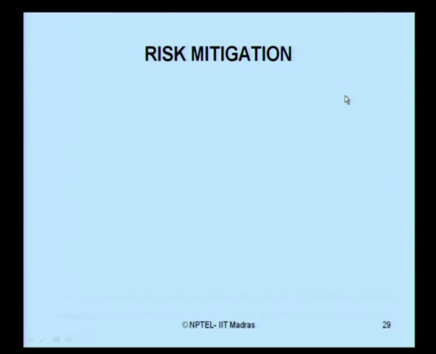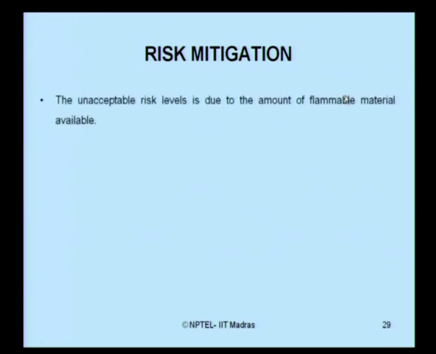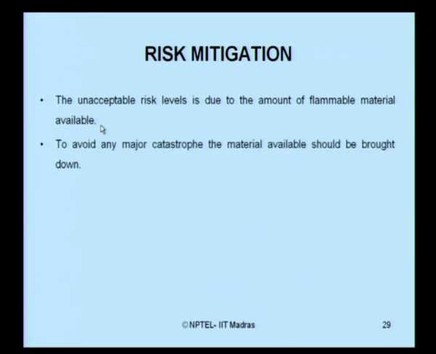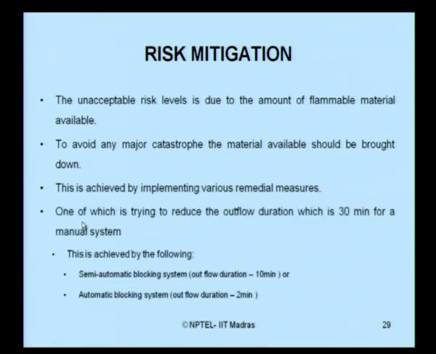Once I get this, I will talk about what is called risk mitigation. The unacceptable risk level is basically due to the amount of flammable material available. So, our job is to avoid any major catastrophe, so that the material available should be brought down. This can be easily achieved by implementing various remedial measures, one of which is being tried in the specific example, which is outflow duration.